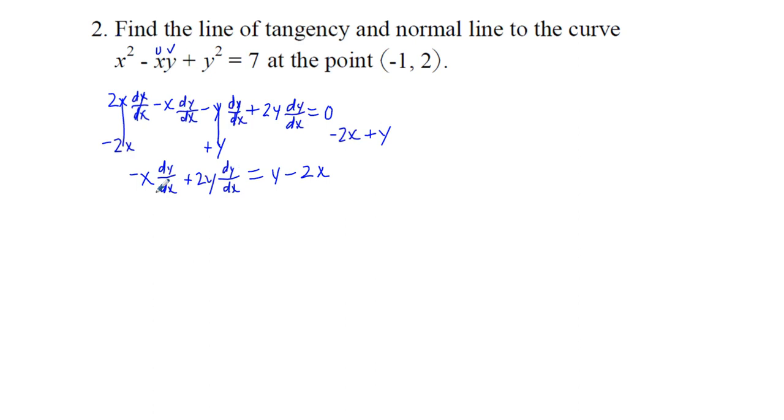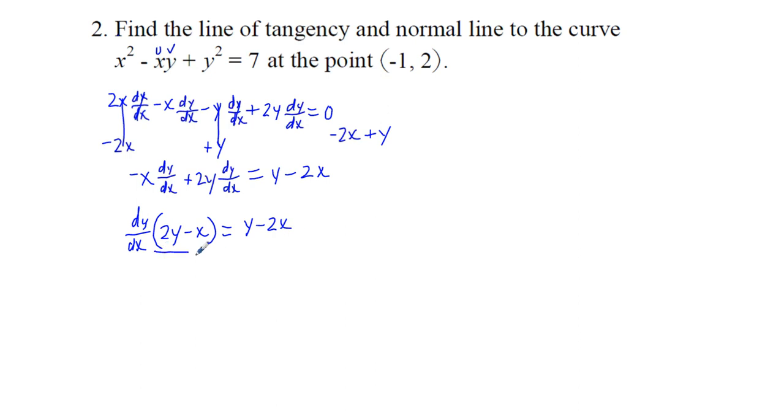So next, factoring out the dy/dx, we have dy/dx times 2y and also minus x, and is equal to y minus 2x.